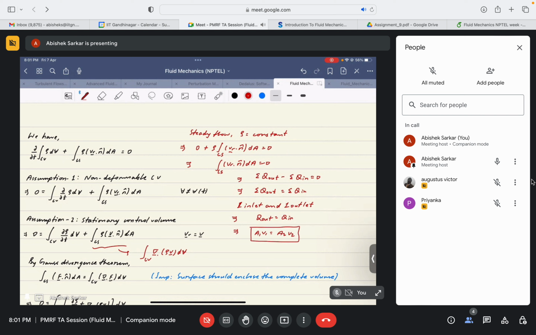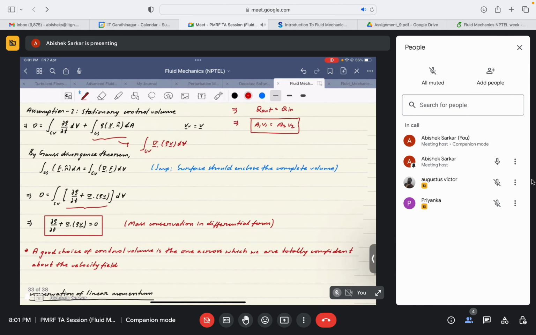So is that clear, Augustus, how we obtain this form of the continuity equation after taking certain assumptions? Yes, sir. You get it out of the integral form, right? If it is steady flow and the density of the flow remains constant, only in that case we can say A1 V1 equal to A2 V2.